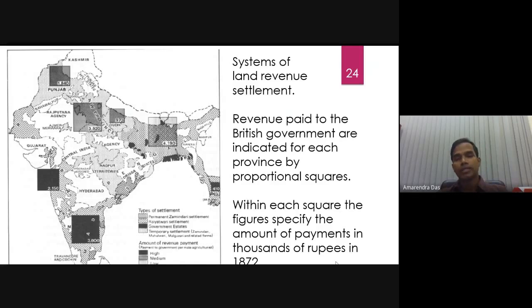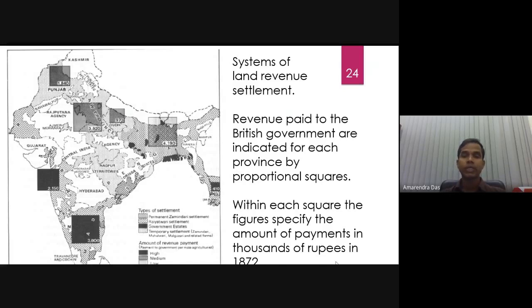So in different parts we see different forms of settlement. The permanent Zamindari settlement in the Bengal presidency, Raiyatwari system in Bombay presidency and Madras presidency. And then we also see the government estates, the dark land areas, and the dotted areas, the temporary settlement regions in the northern provinces and in the central provinces majorly.